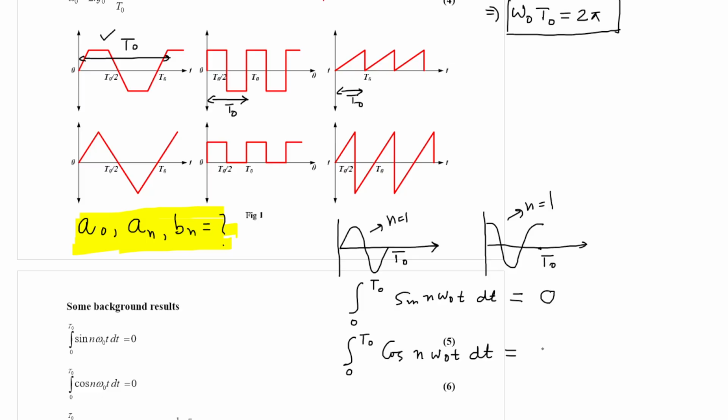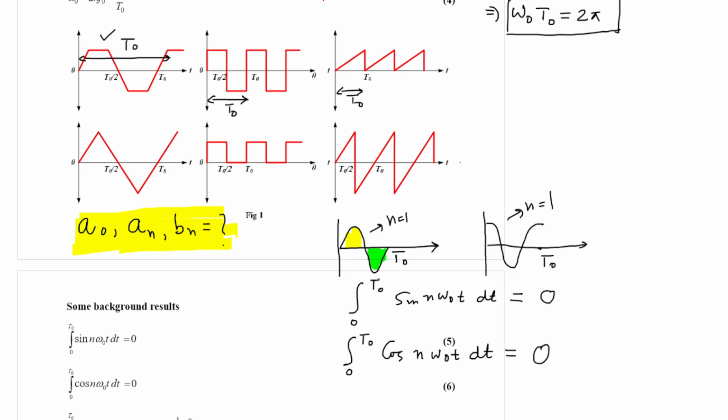The same will be true for the cosine curve. The result will be 0. The reason is, for the positive half cycle, whatever the area is, the negative half cycle has exactly the same area in the opposite direction. So if you add them, the total area will be 0.